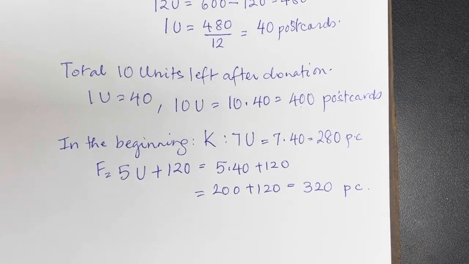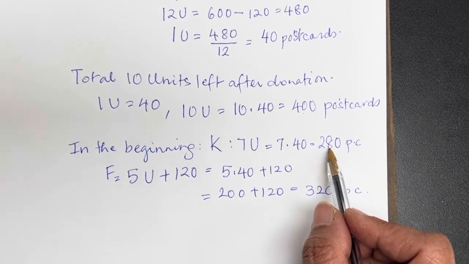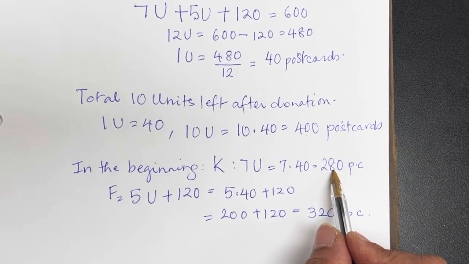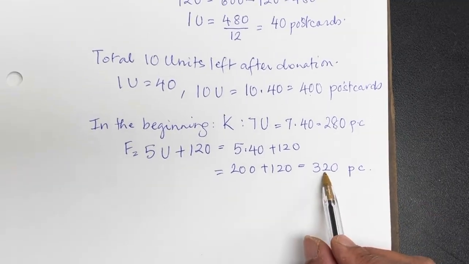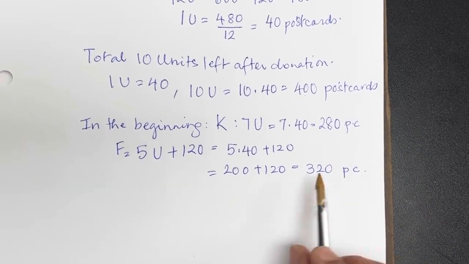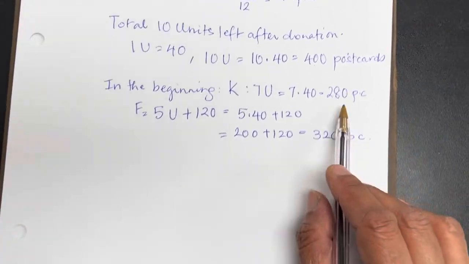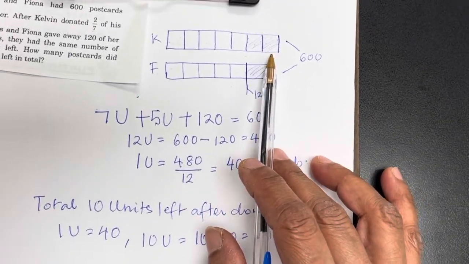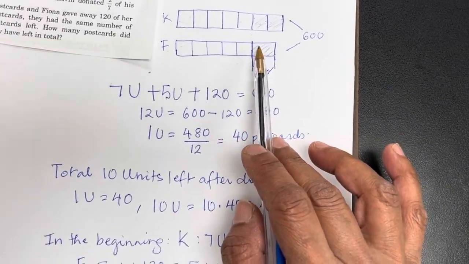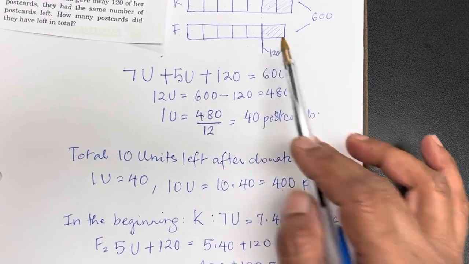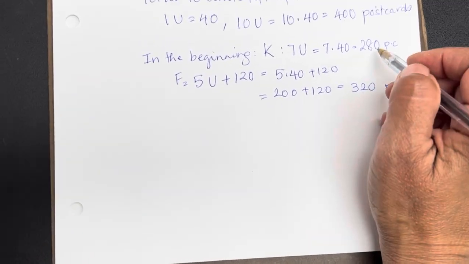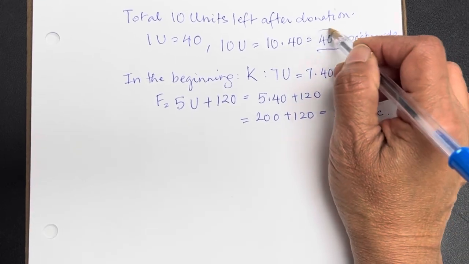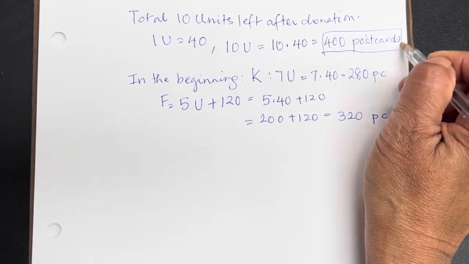Okay, now verify. What is 5/7 of 280? It'll be 200. What is 120 less than 320? 200. That is exactly what we started off with, our assumption that if he donates 2/7 and she donates 120, the leftover will be equal. So we know that they have a total of 400 postcards left over.